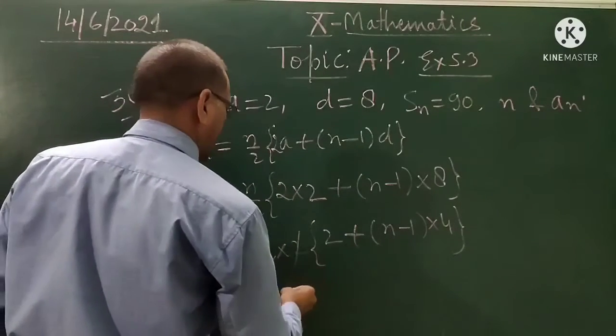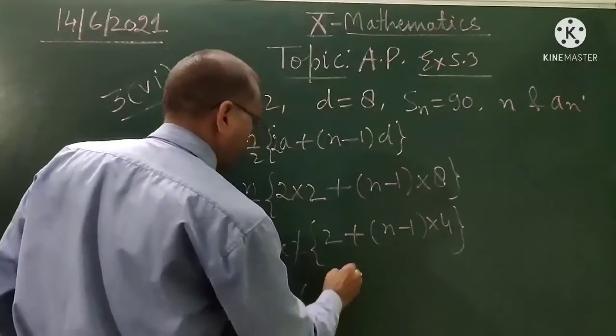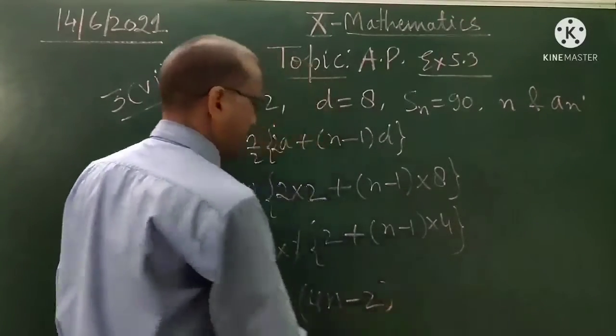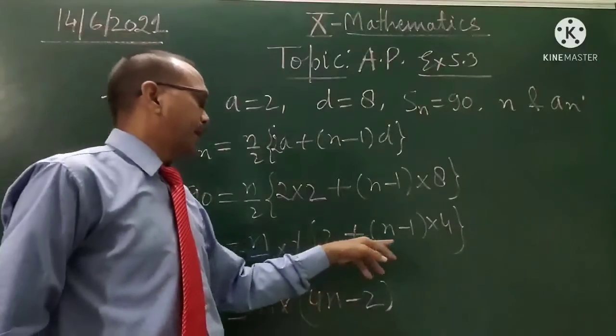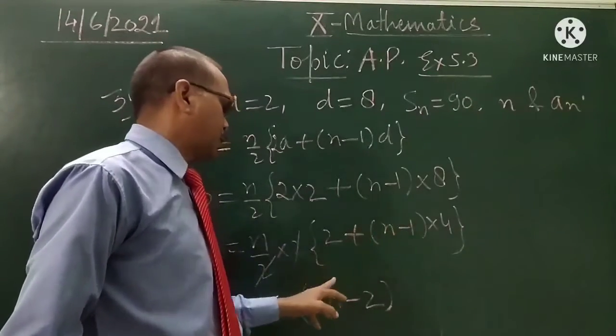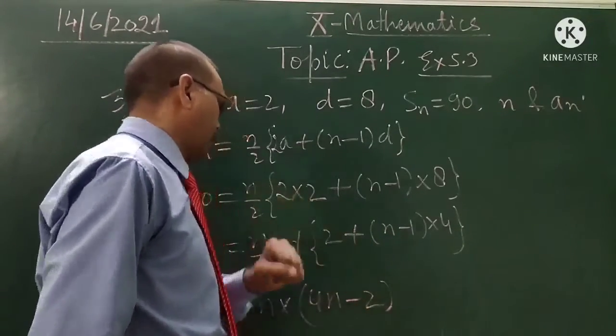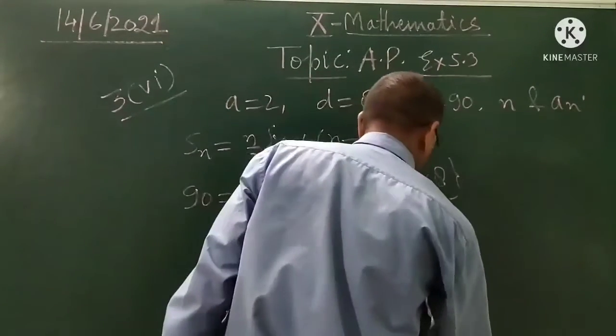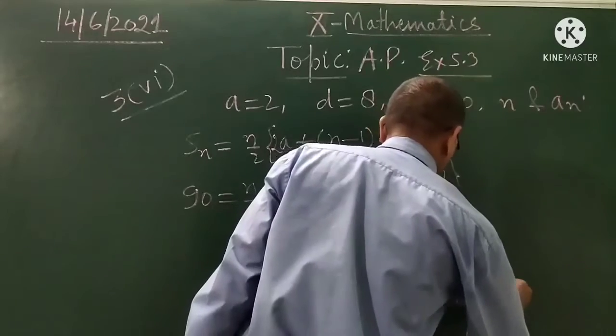Now it is n into 4n minus 2. After simplifying bracket, it is 4n minus 4 plus 2. So it is 4n minus 2. Now it is 4n square minus 2n.